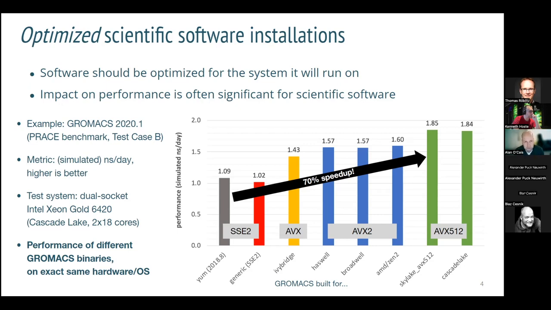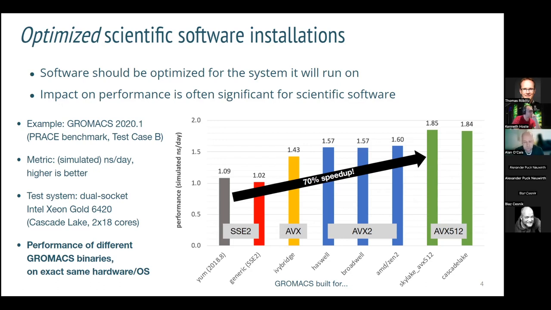If you have what you might call a portable binary, something like you might get from your operating system, that's down here, and that performance is at 1.0 nanoseconds per day. But if we compile the code for different instruction sets, which you could draw some equivalence to compiling for different architectures, you can see that you can increase that performance by up to 70% by compiling for the instruction set that you actually have available to your CPU.